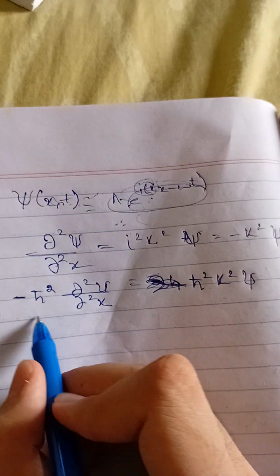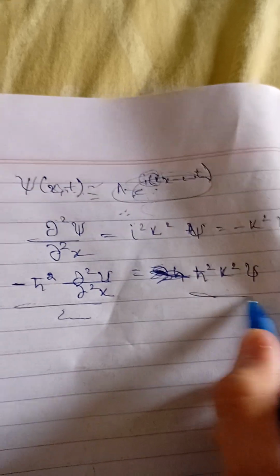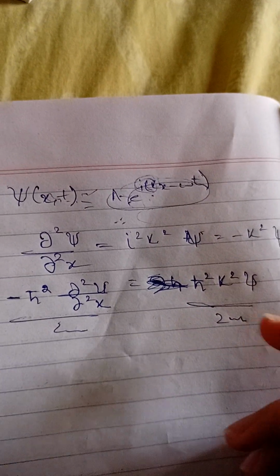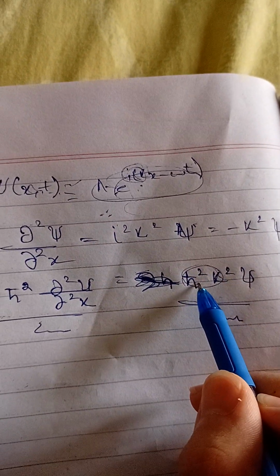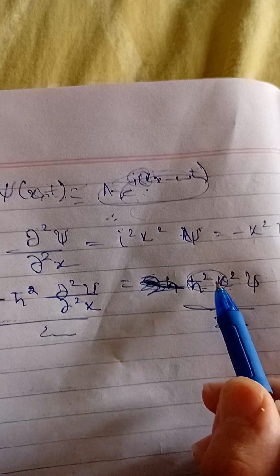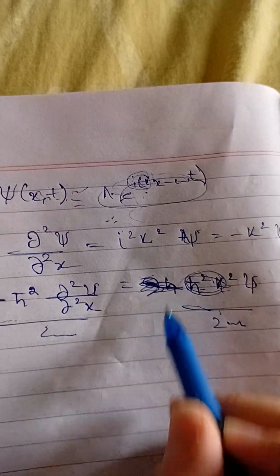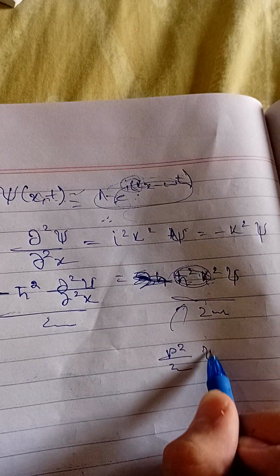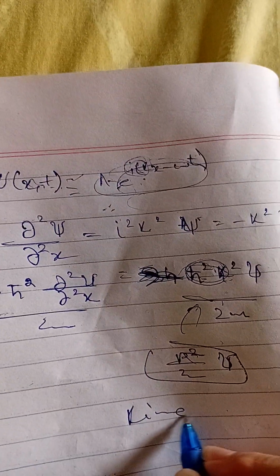Now we divide by 2m on both sides. By the de Broglie equation, h-bar and k give p, so we get p squared over 2m, which gives us the kinetic energy operator.